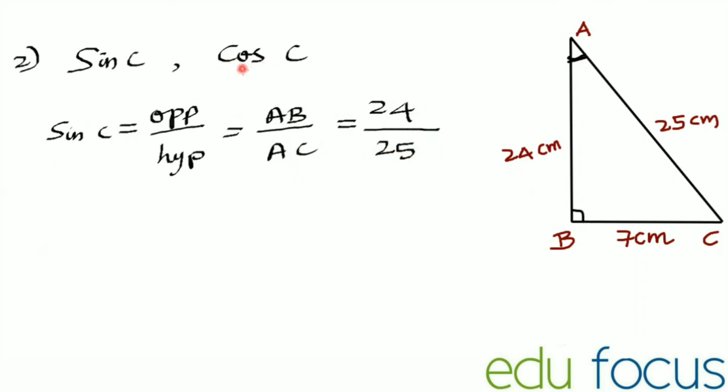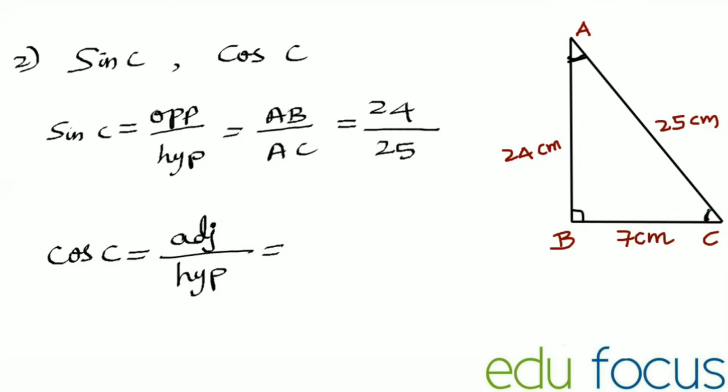Now let us find cos C. The formula of cos C is adjacent by hypotenuse. Adjacent from this angle is the line between the 90 degree angle and the given angle.